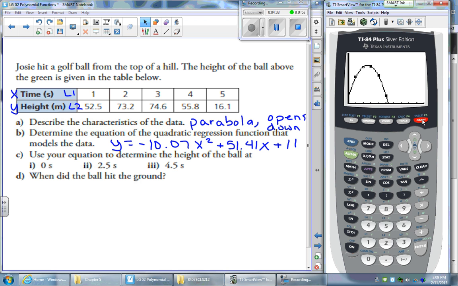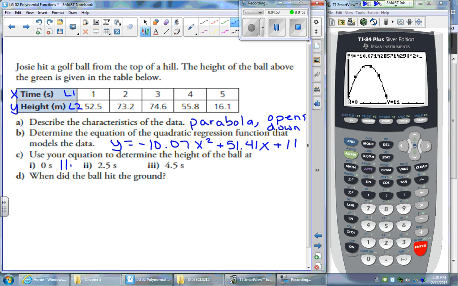And you're going to go into Second Calc, and you're going to go to number 1, value. If you know x values, you can plug any x value into your calculator. So at x equals 0 seconds is our first one. We press enter. It's telling us our y is 11. So 11 meters is our y value.